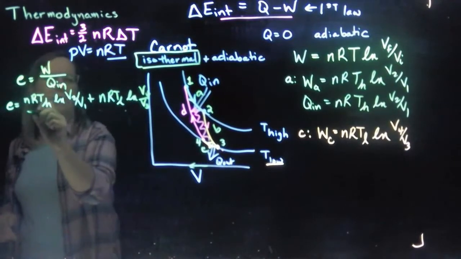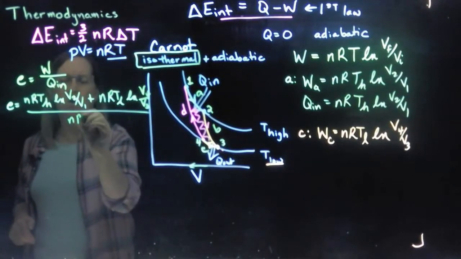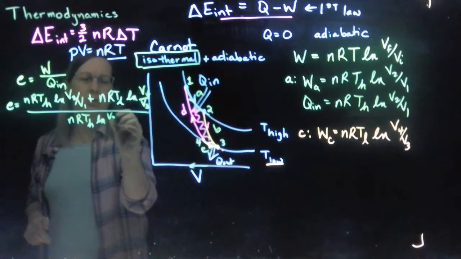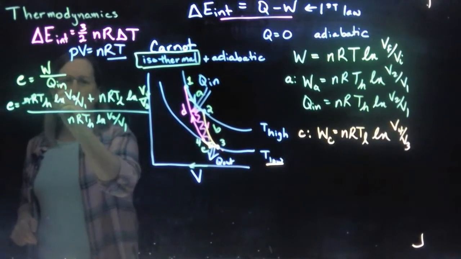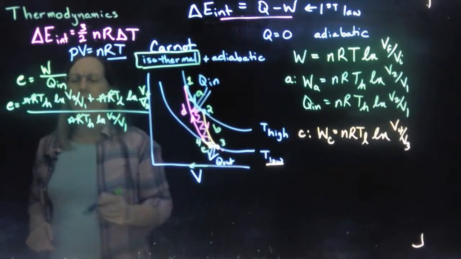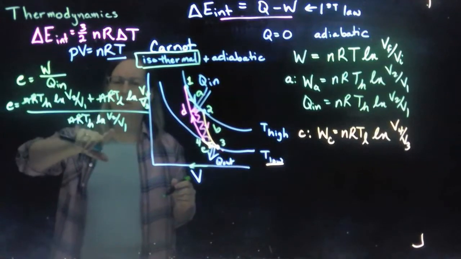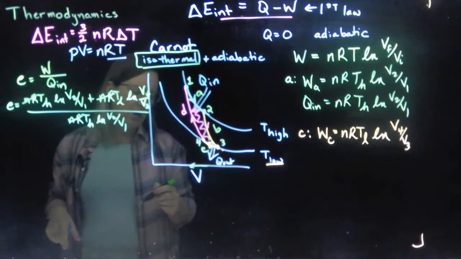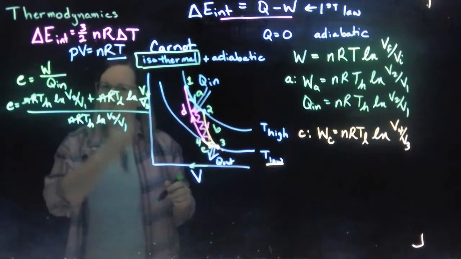All of that is going to be over this Q_H, this nRT_H natural log of V2 over V1. Every term has an n and an R, so these can go out. When I've got something on the denominator with two terms, like 1 plus 3 divided by 4, that's the same as 1/4 plus 3/4.